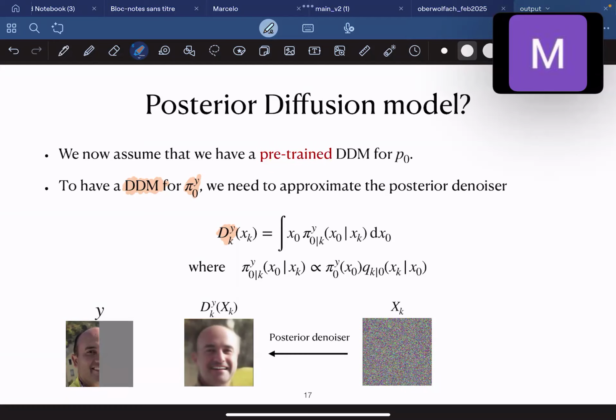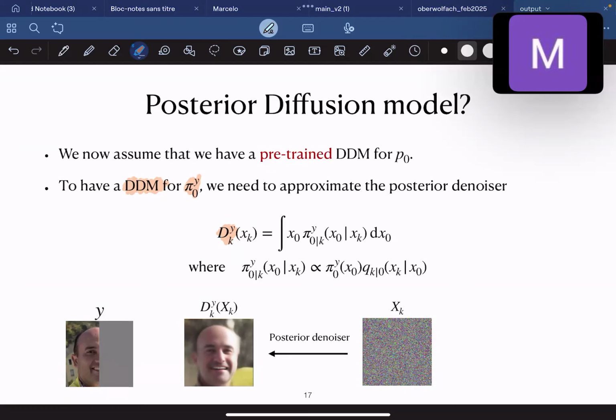This sequence of denoisers, as I said before, is simply the conditional expectation of x0 given xk.